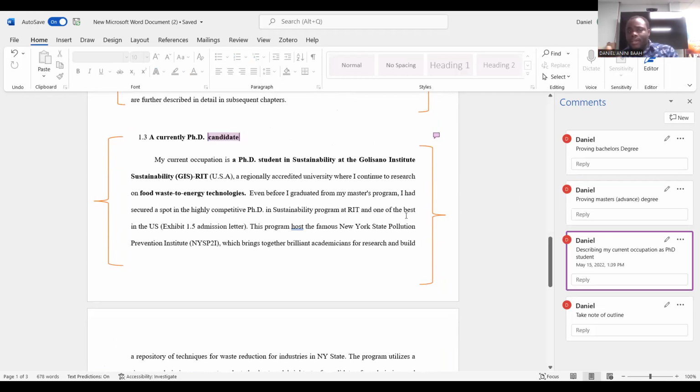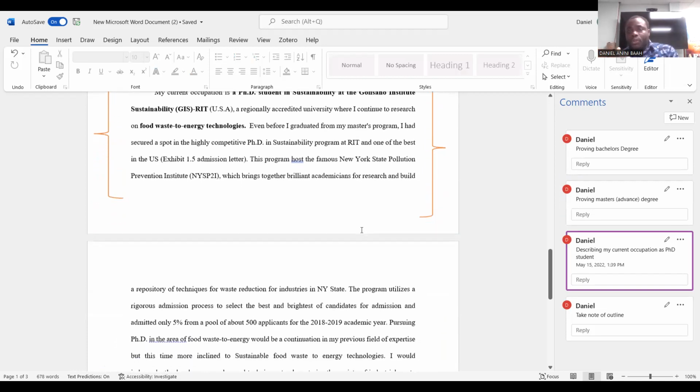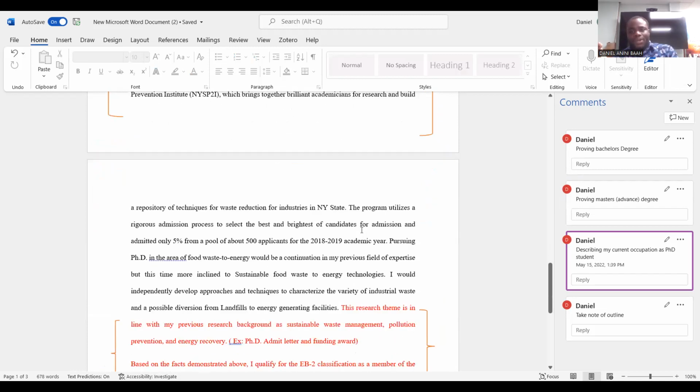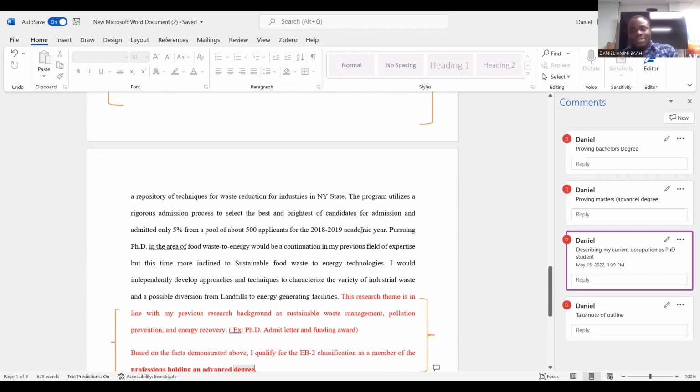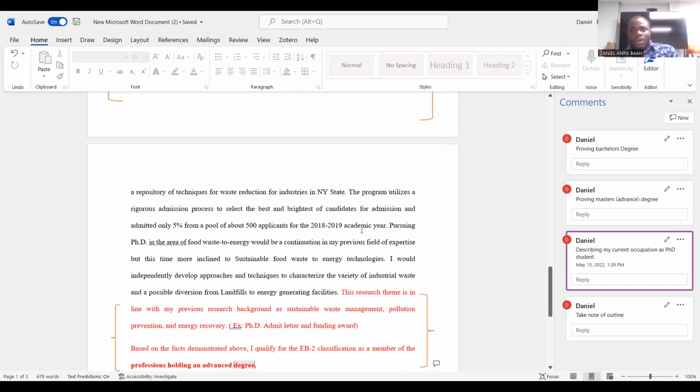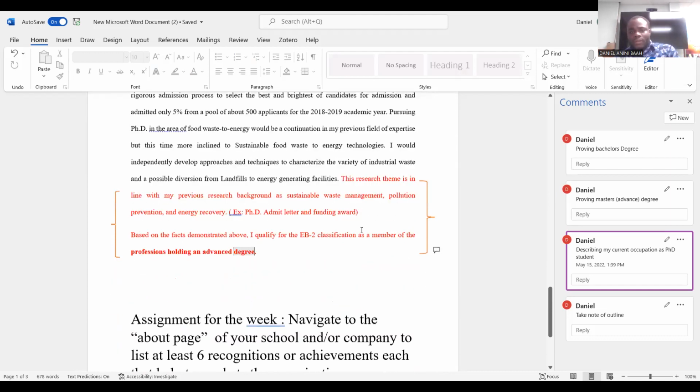And if you are working in a professional area, you would also be talking about your professional title or designation and the company, something good about the company you are working in, a description of the company, their achievements, their vision, their mission goals. All will go a long way to help you enrich your petition. So you have seen that.